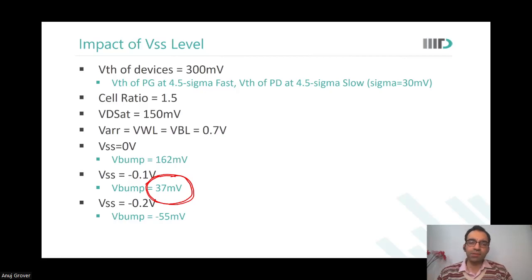Yeah, look at it like this. If it was minus 20 millivolts, minus 50 millivolts, minus 70 millivolts at the Vx, now to be able to cause a flip, you will have to bring in more noise, no? So that helps. The problem is something else here.